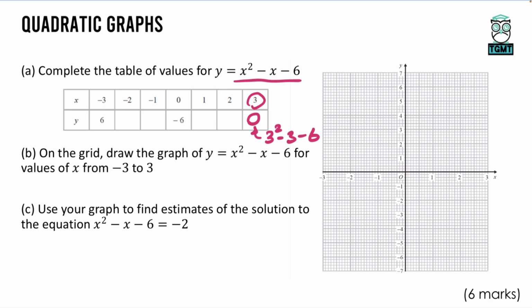Now I need to work my way through and just do all of those using that method, but of course in the next one, substituting 2 in its place, and I get minus 4. For the next one, 1 squared minus 1 minus 6, that gives me minus 6. Now what you can do to save a bit of time when you use this method is try and spot a pattern.